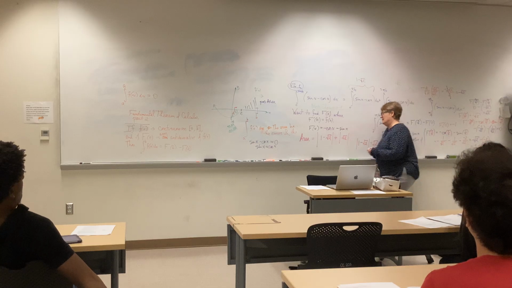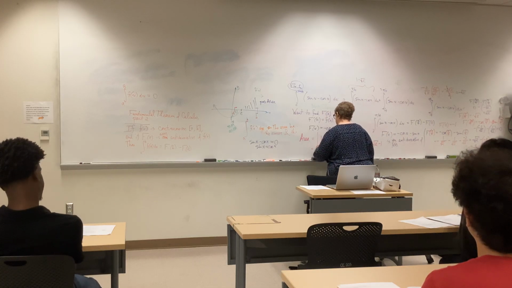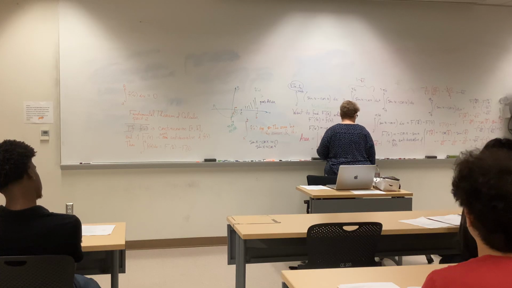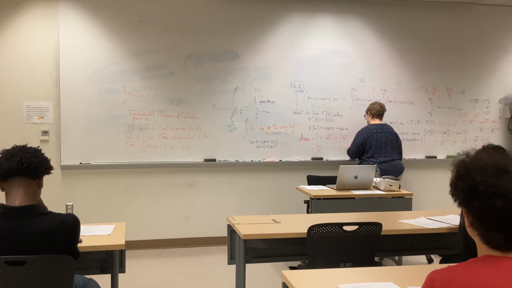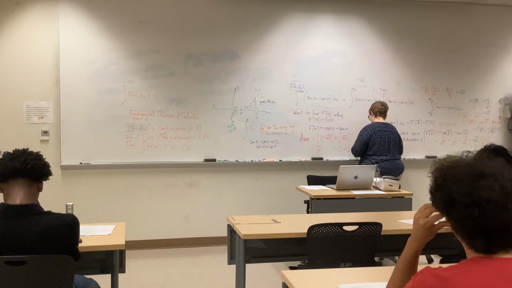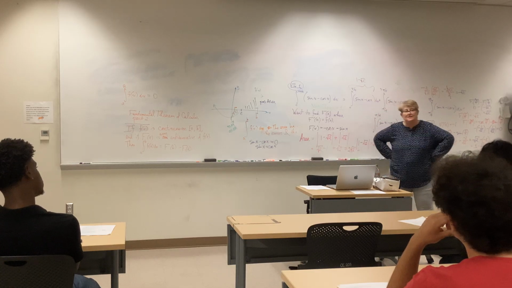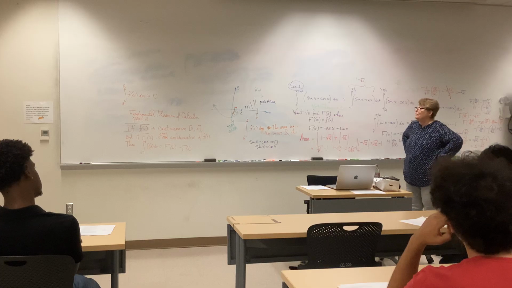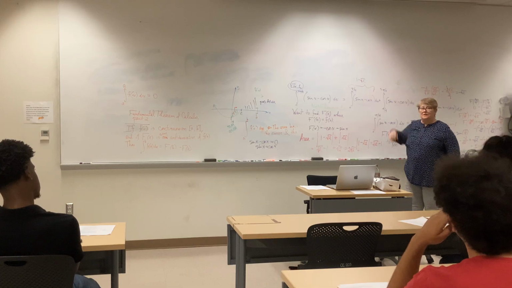Now, we have root 2 minus 1 plus root 2, which gives us a kind of weird looking answer. 2 root 2 minus 1. But do you understand that some applications will want that, and some applications will want just a net change?